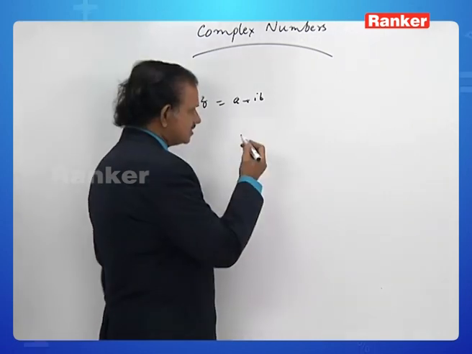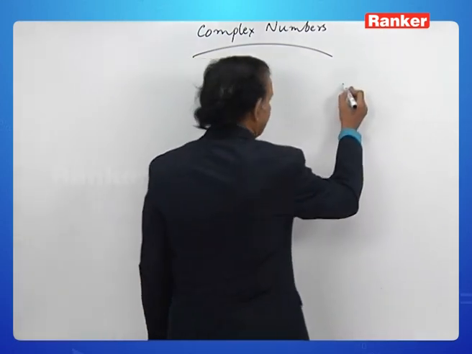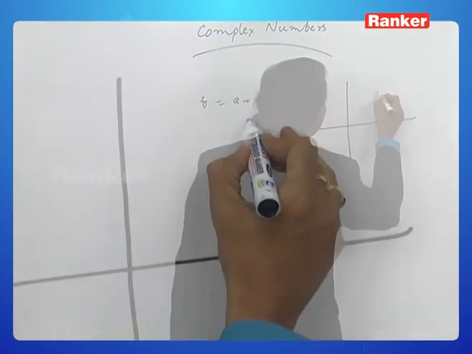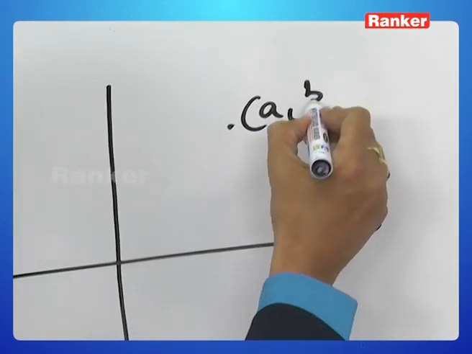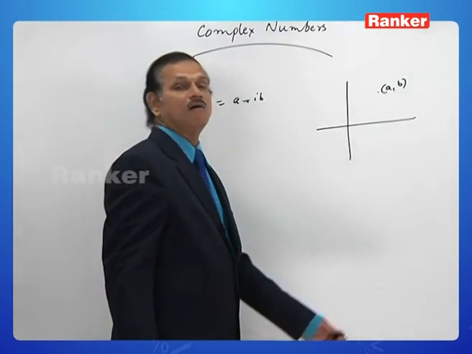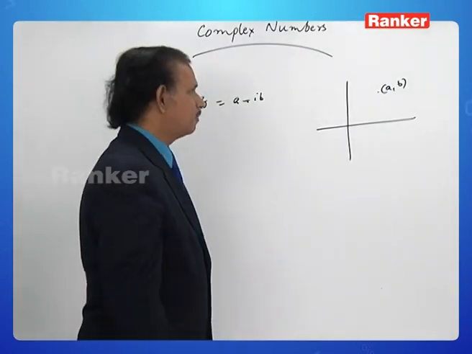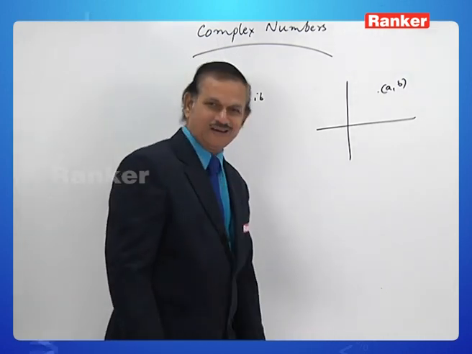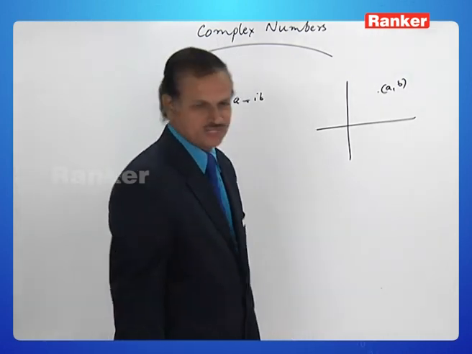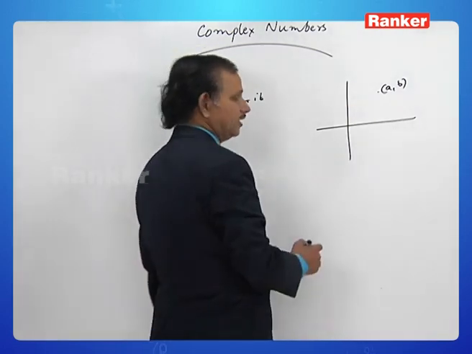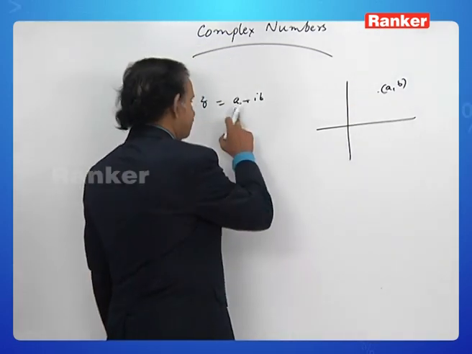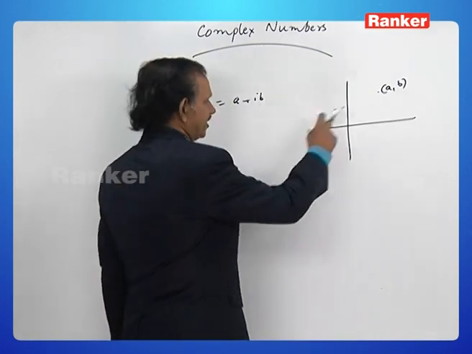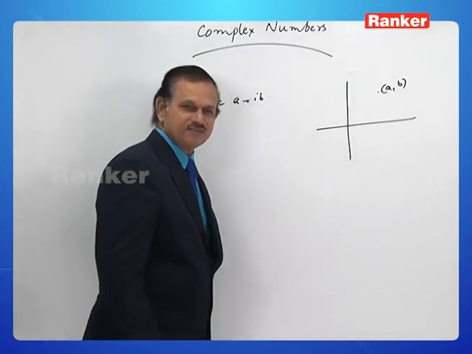We represent this complex number by the point a comma b in the general coordinate plane, which we call hereafter the orthogonal plane. Orthogonal plane is nothing but the plane on which a complex number can be represented as a point. This is AB. So, the real part of z is the x coordinate of that point, and the imaginary part of z is the y coordinate of that point.